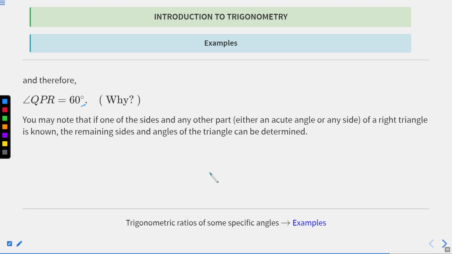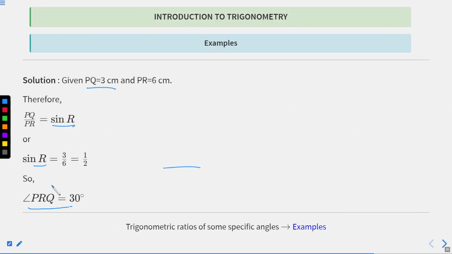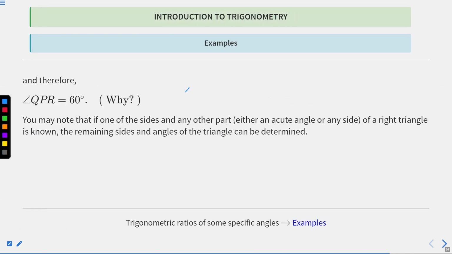So we can also find this angle: angle QPR is equal to 180 degree minus 90 degree minus 30 degree, which is equal to 60 degree. Okay, so the angle QPR is equal to 60 degree.